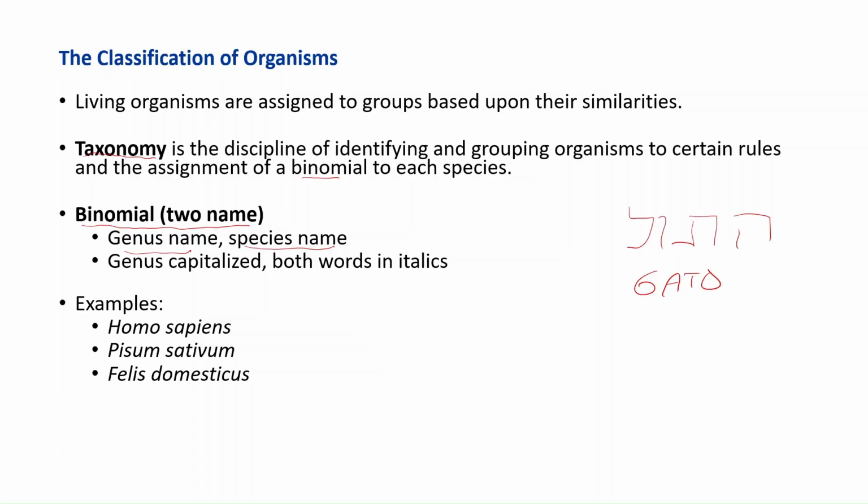So, because of the difference in languages, because common names are not specific, scientists use binomials. I can go anywhere in the world, and if I tell a scientist that I had a Felis domesticus, they know exactly that I had a kitty cat. Okay? So you see the importance of the binomial.